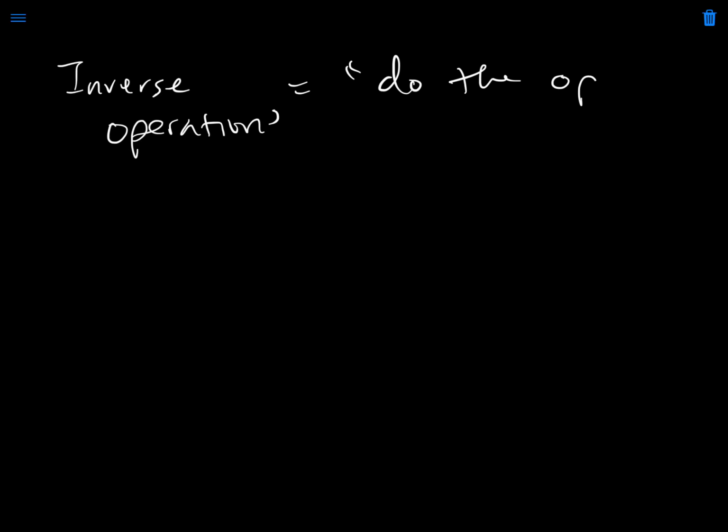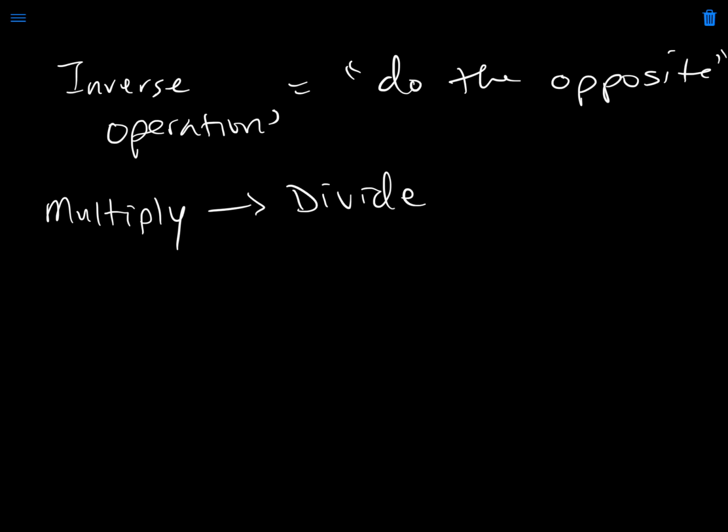You have to understand inverse operations. And inverse simply means you do the opposite. So in this case, if we have multiplying, the opposite of multiply would be to divide. And you can tell again with PEMDAS.